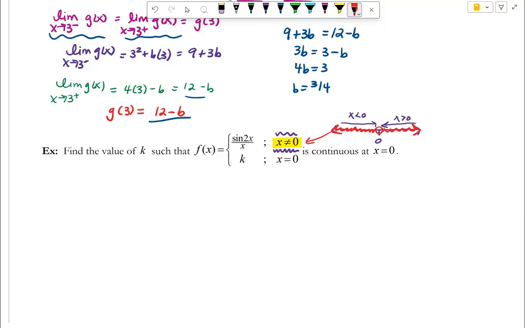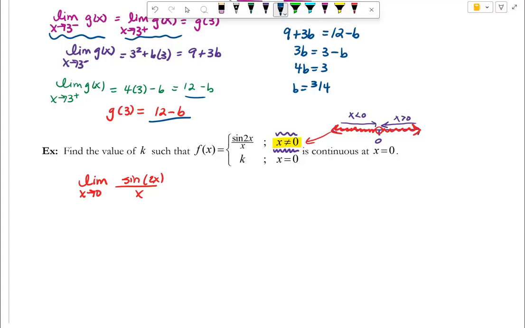All that to say is that we do not have to do two one-sided limits. We can just find the limit using that top piece. So again, I've got the limit as x approaches 0 of the sine of 2x over x. And that is going to be like that trig limit that we saw on the previous page.